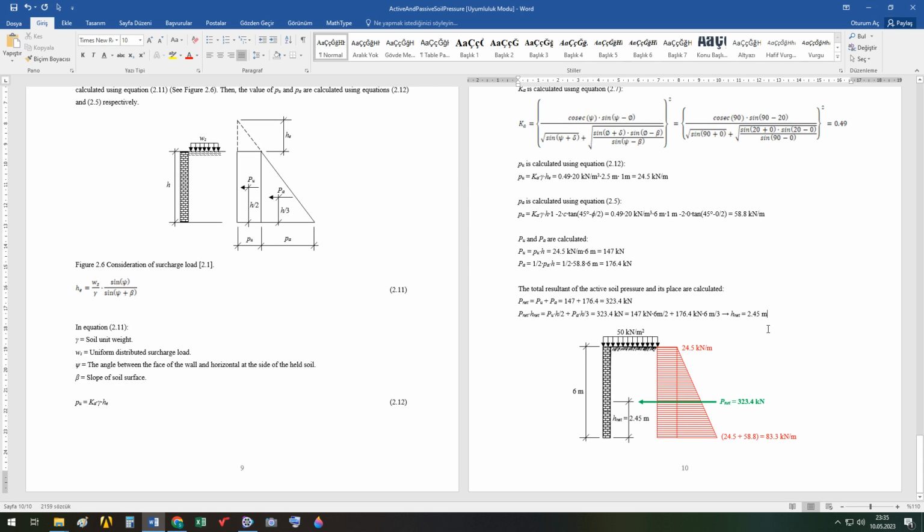Okay. This is a manual to calculate the active and passive soil pressure loads, and in case a surcharge load is added to the soil pressure, the manual here shows easily how to include its effect in the calculations.